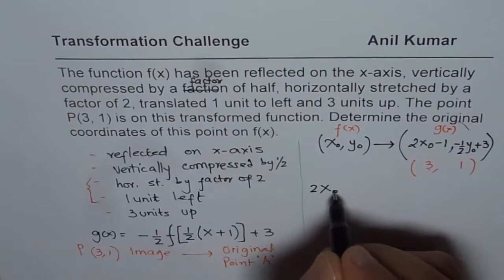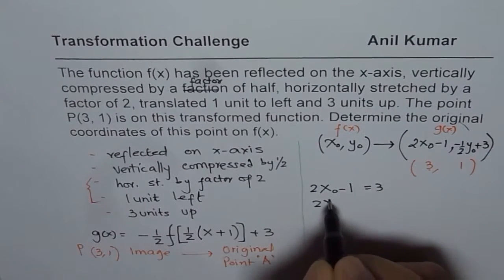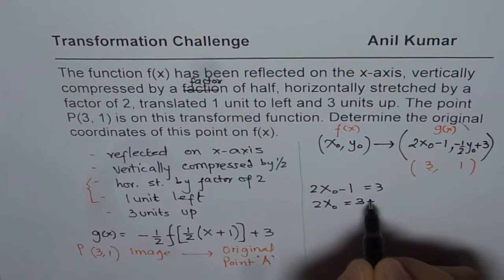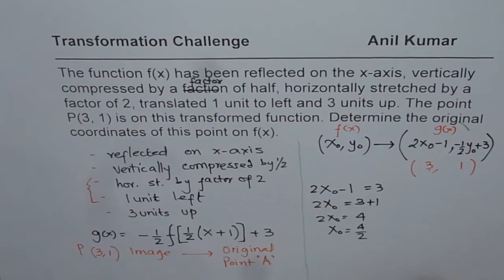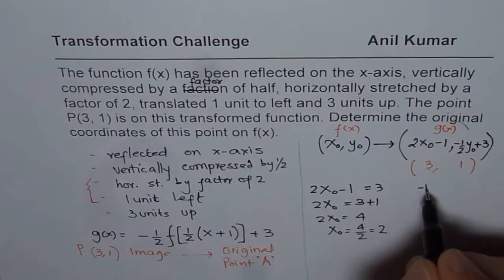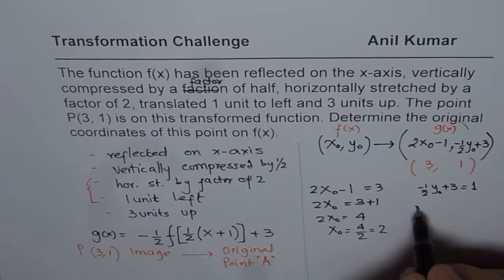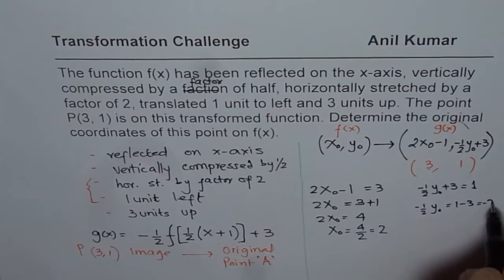So 2x0 minus 1 equals 3. We can rearrange: 2x0 is 3 plus 1, so 2x0 is 4. The original x coordinate is 4 over 2, which is 2. Let's calculate the y value also: minus half y0 plus 3 equals 1. Rearranging, minus half y0 equals 1 minus 3, which is minus 2.